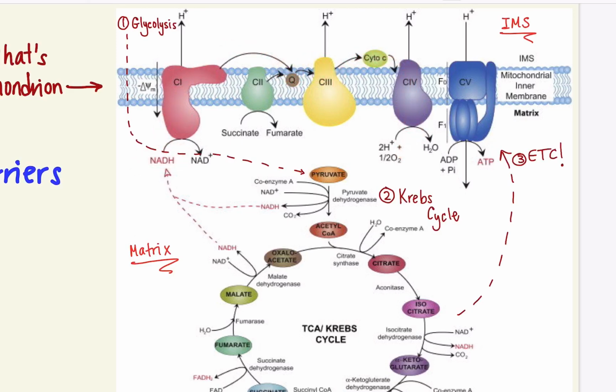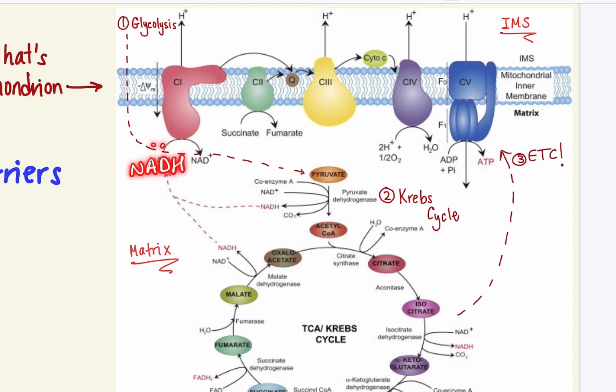Now the word gives is very colloquial, right? And hopefully that gives you an idea of how exactly the electrons are transferred. But what does gives mean? It means that when NAD is in NADH form, it is reduced, right? Because it has those electrons.